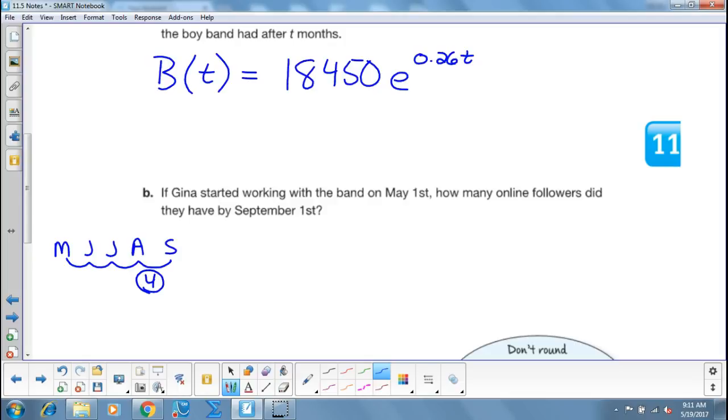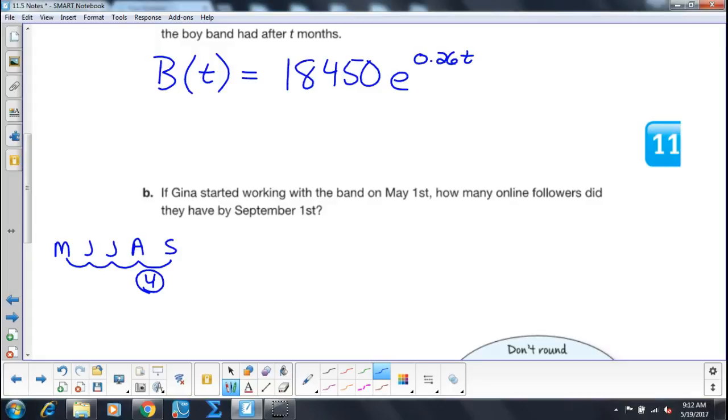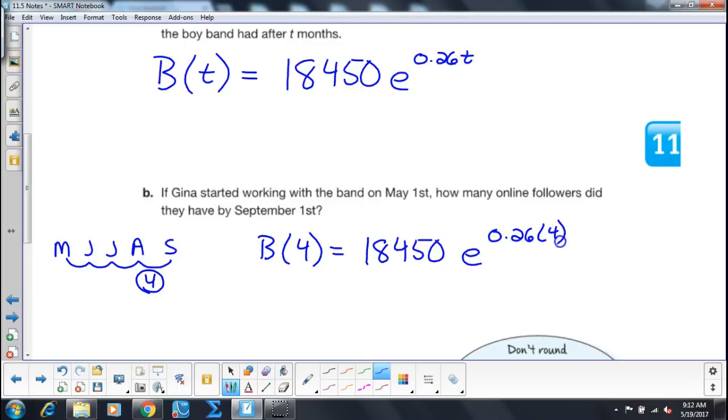Calculate how many followers the band has. Well, you tell me. Why do I not want to do decimal points here?